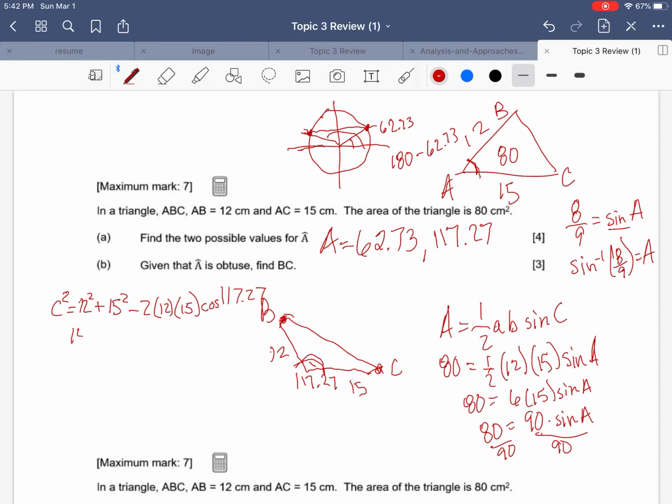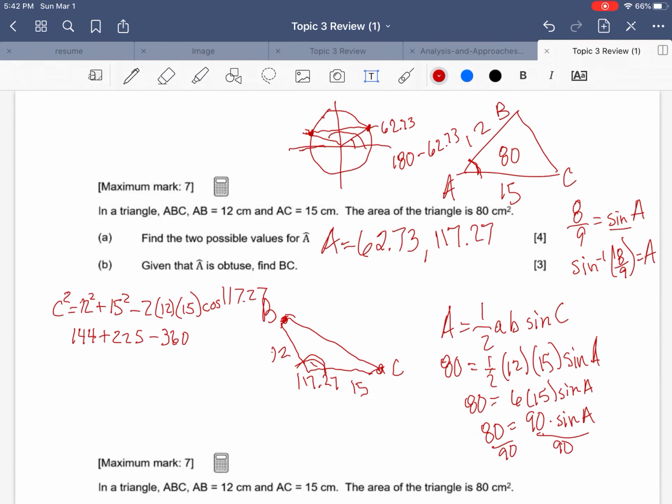So that's 144, 15 squared is 225, minus 2 times 12 times 15, which is 360.